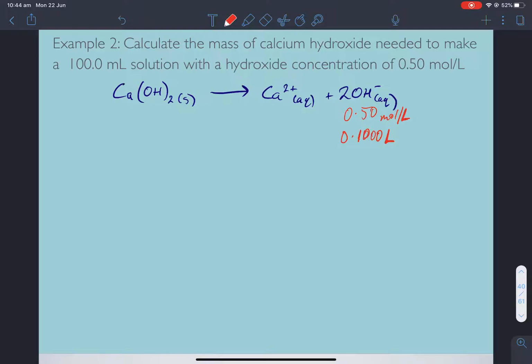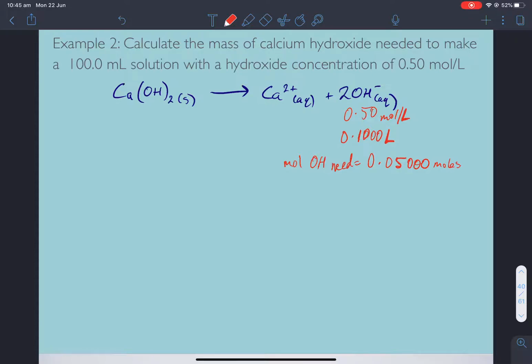Okay, so we can work out how many moles of hydroxide we want or need. Equals the 0.5 times 0.1. So that's 0.05. Let's add a few zeros in. Moles.